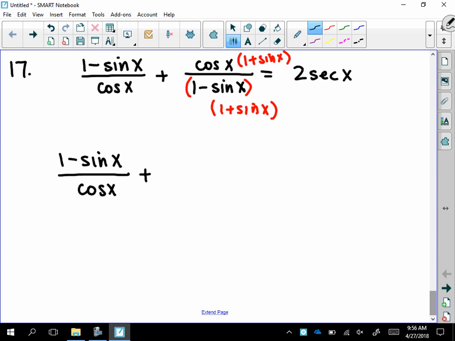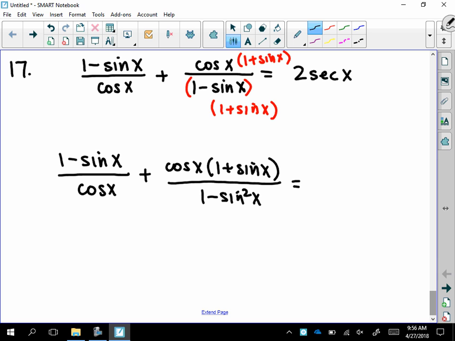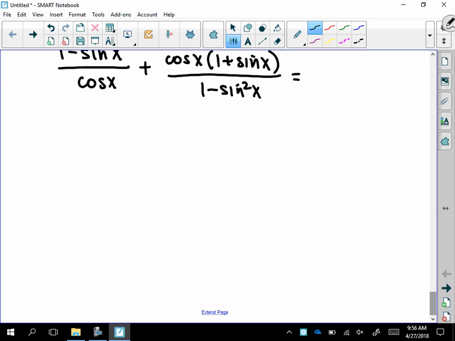All right, so I have 1 minus sine over cosine plus, now what I have is cosine times 1 plus sine over 1 minus sine squared. And 1 minus sine squared is cosine squared.